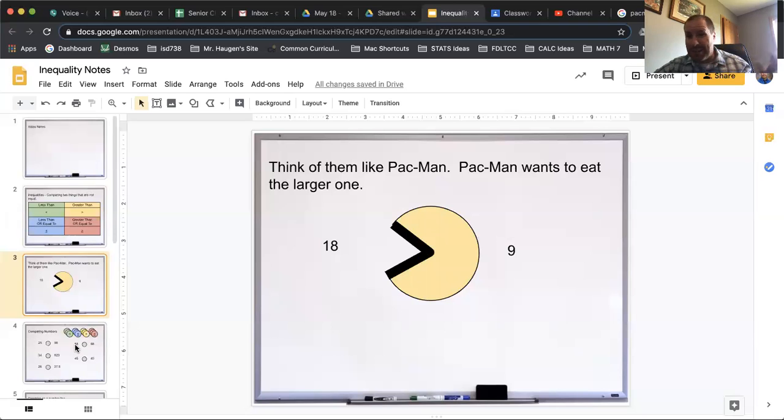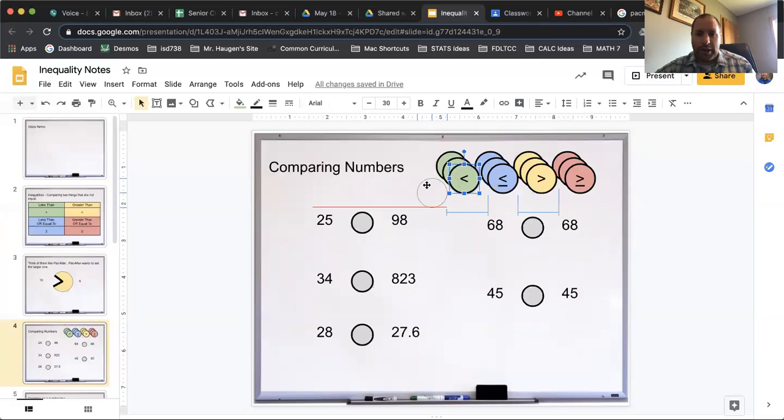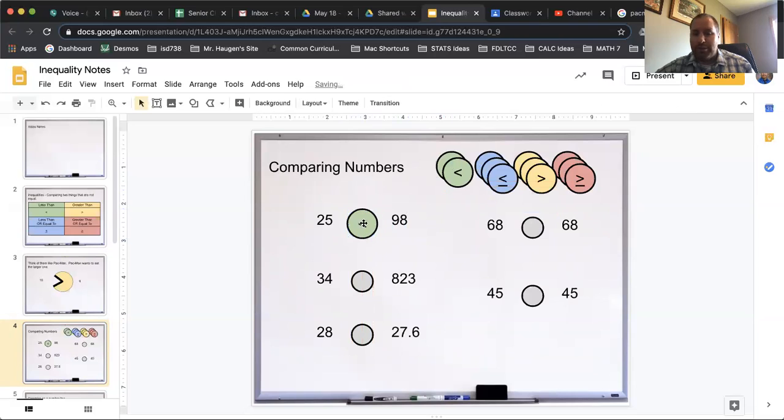And so a couple examples of those. I'm just going to throw a few examples down here. If we wanted to compare 25 and 98, I know that 98 is larger than 25, and it's not necessarily equal. So I could use either one of these two symbols. I could grab this green one here and put that in place, because that would be true. 98 is larger than 25, or 25 is smaller than 98.